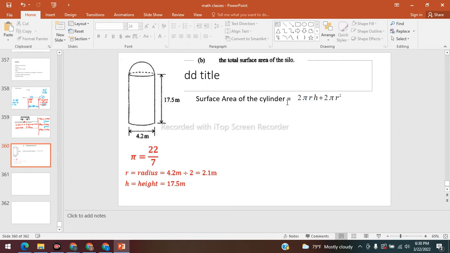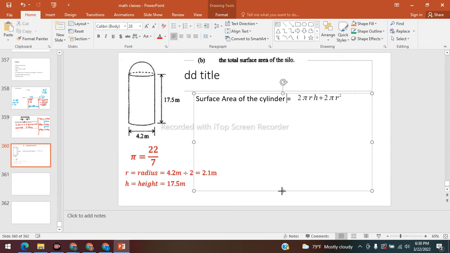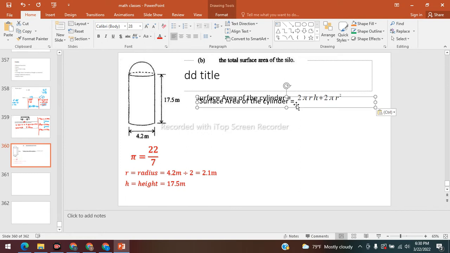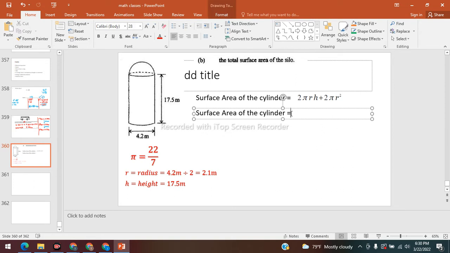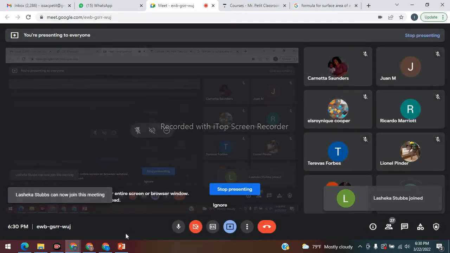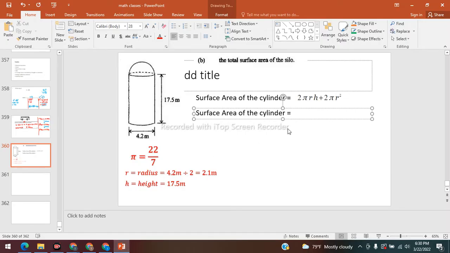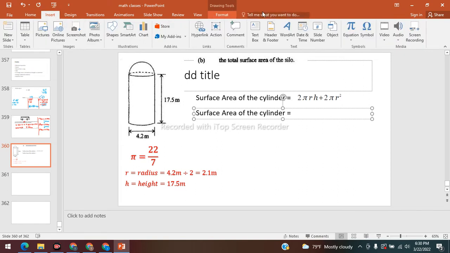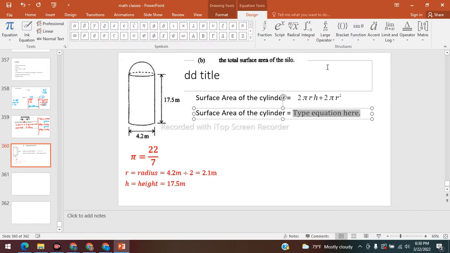So let's calculate this now. The surface area is going to be equal to, insert 2, because 2 is a part of the formula, multiplied by pi.